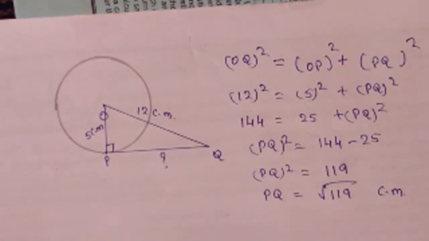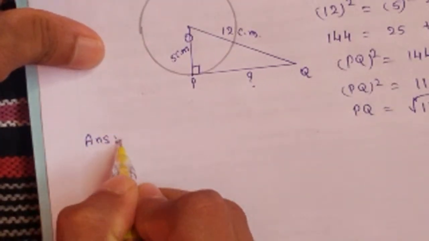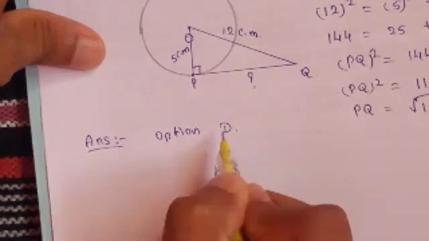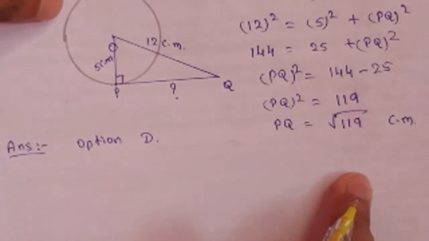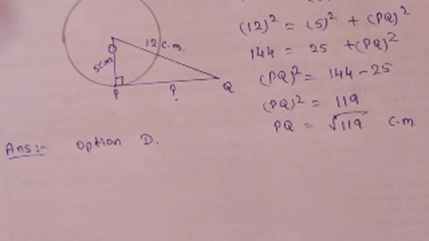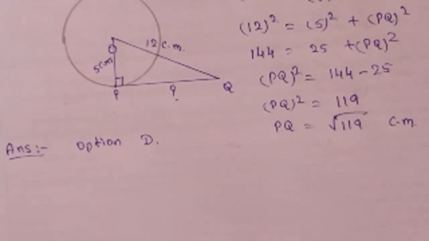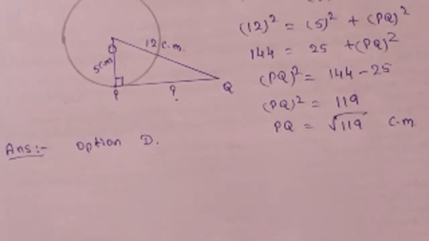Option D is correct. Very simple one, we just have to solve the problem by using the Pythagoras theorem.